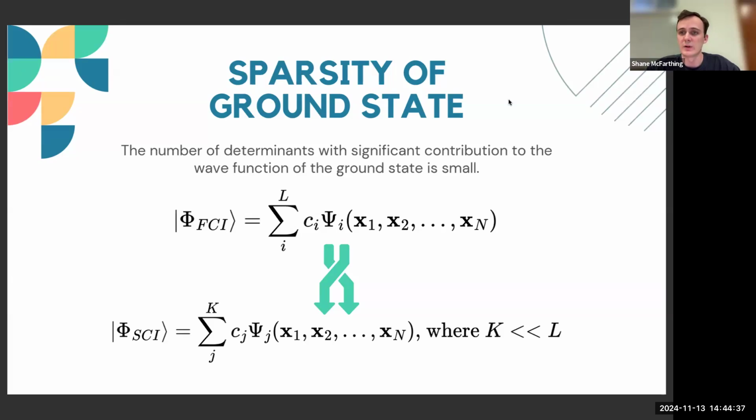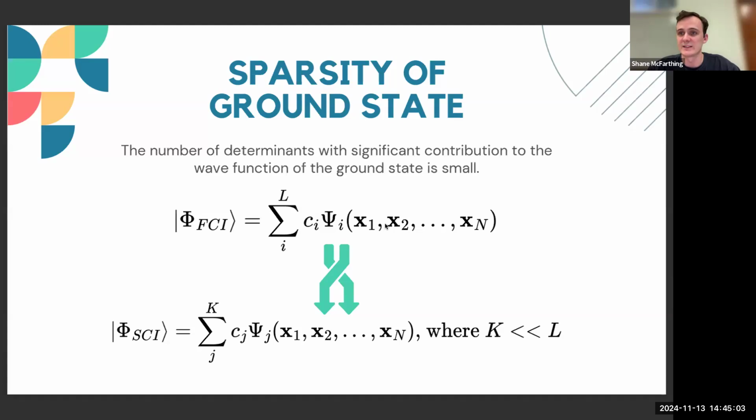What that means is that if we consider the full configuration interaction wave function, which is over here, it's the linear sum of all the possible different Slater determinants. Actually, the number of Slater determinants that have CI values that are significant and significantly contribute to the energy of that state is relatively low compared to the size of the space.